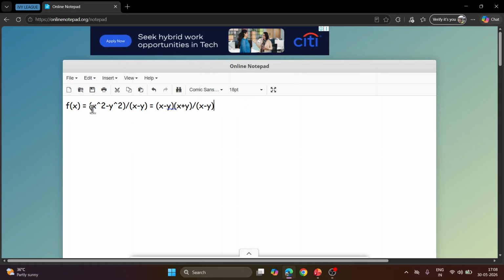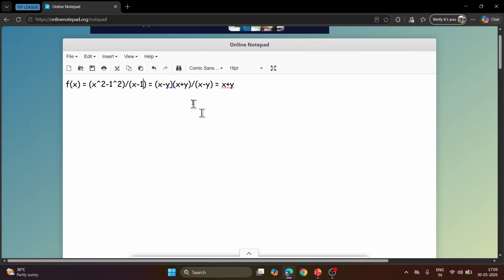Now x minus y cancels, so this is equal to x plus y. Actually, let's not take this as y. Let's take this as 1 because there are two variables, just to not confuse. So we finally get this.